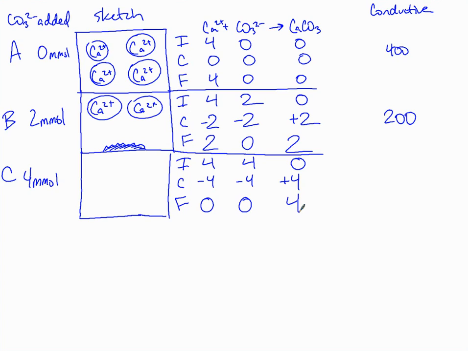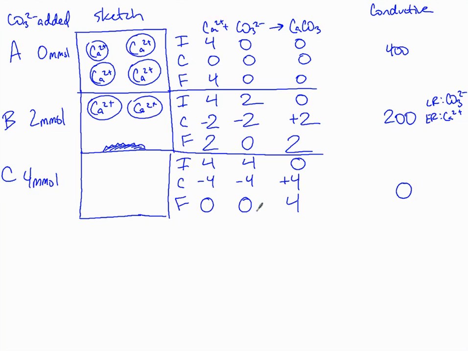Okay, so the conductivity of this solution, 0. There's no dissolved ions. Something that I neglected to write down, but it looks like you've already done it. In step B, the limiting reactant was carbonate. Because it ran out first, it's got a 0 down here. And the excess reactant was calcium. We have some left over.